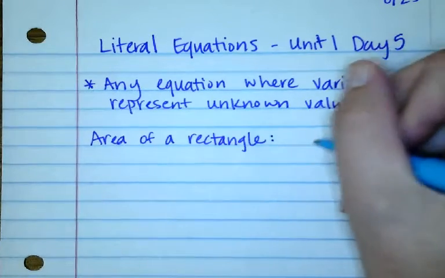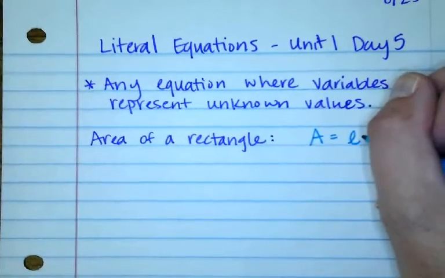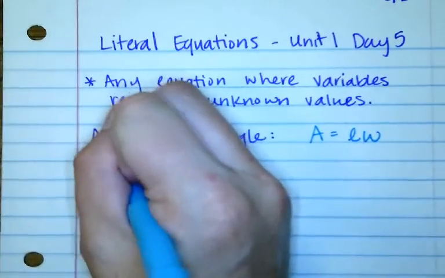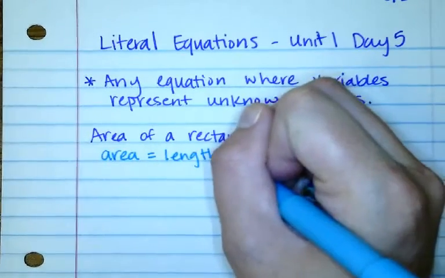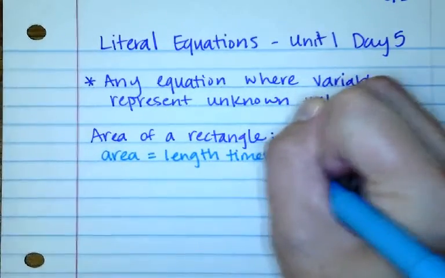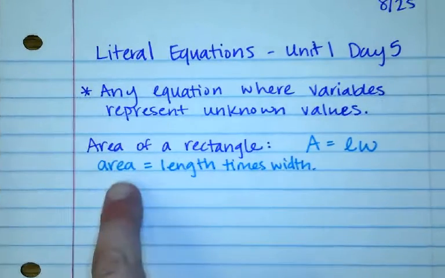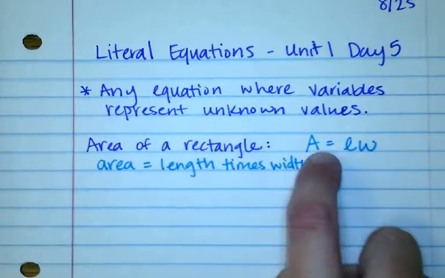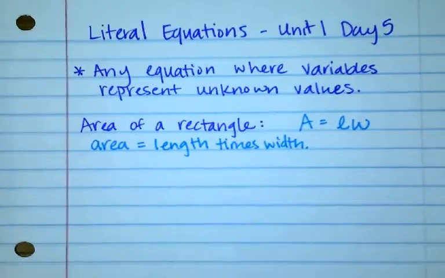It is area equals length times width. Okay? But it is annoying to write out those words every time. So we create these variables that represent those words. Does that make sense, guys? So that's a pretty common one that you have already been familiar with.